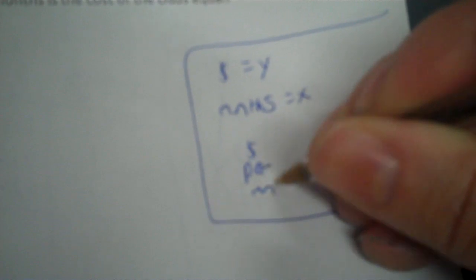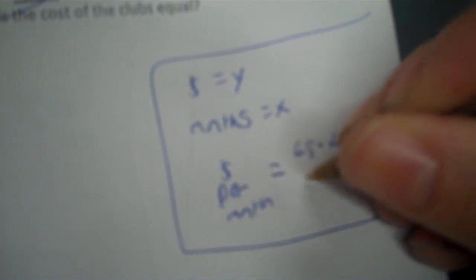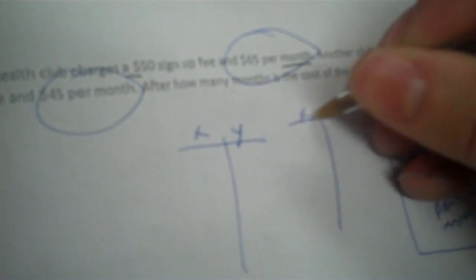Okay, so you've got dollars and months here. Months being the X, dollars being the Y. So the dollars per month rate, these are my slopes. I know we have 65 and 45, but those are 2 separate slopes. So XY, XY.